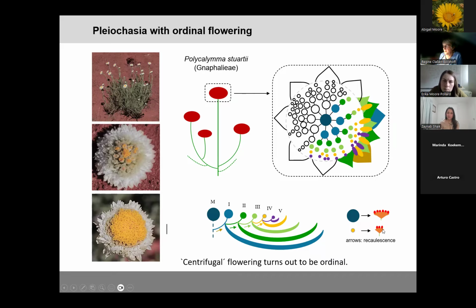The terminal unit is the largest one, and here, this is the 4th order, has only few flowers. So we have an ordinal gradient. And what looks like a centrifugal pattern here is in fact an ordinal pattern, because we always have a change of the branch order after each capitulum.